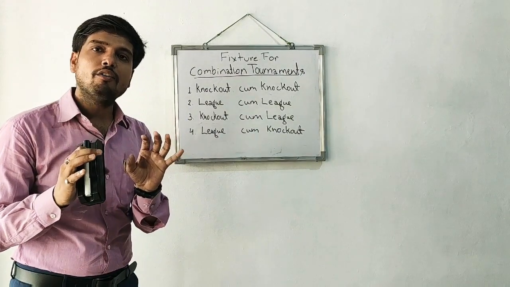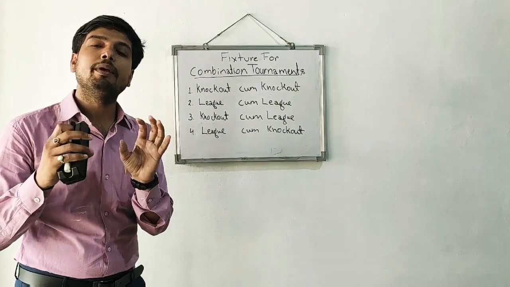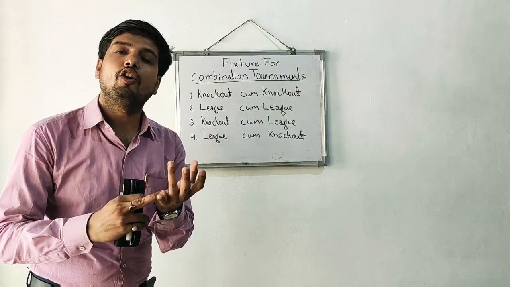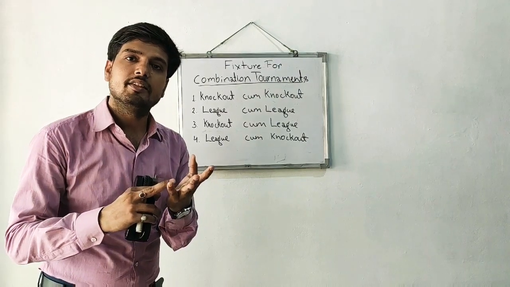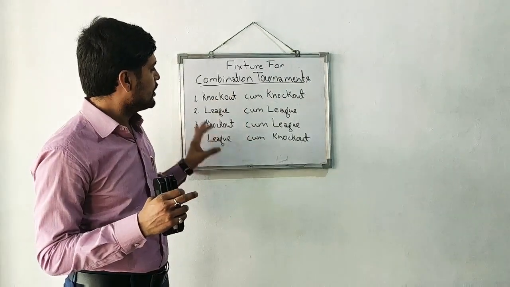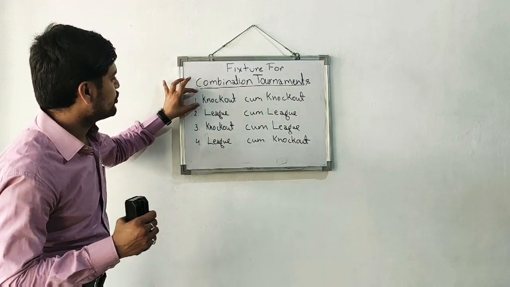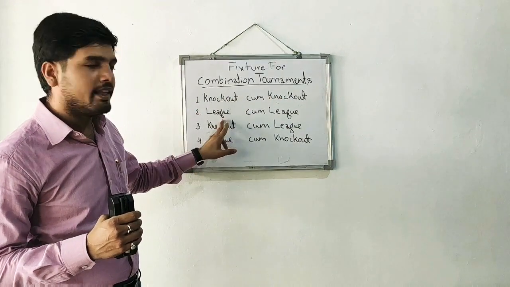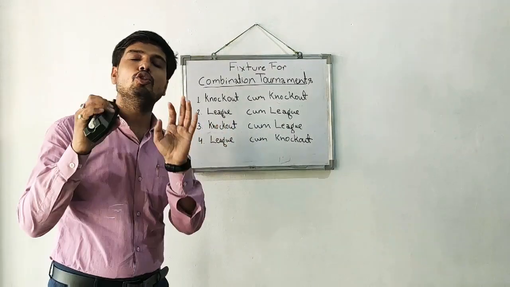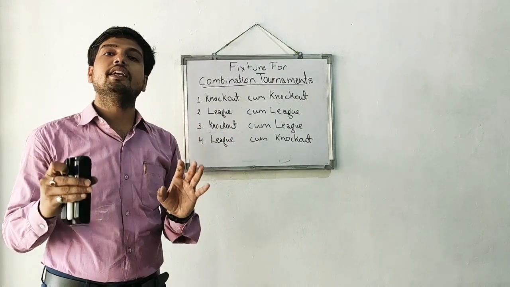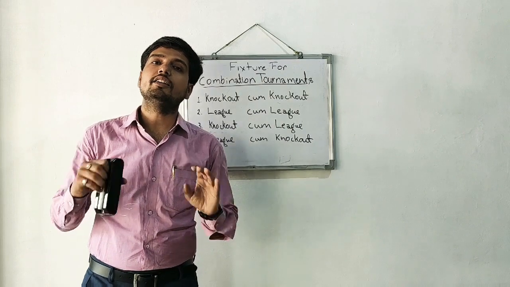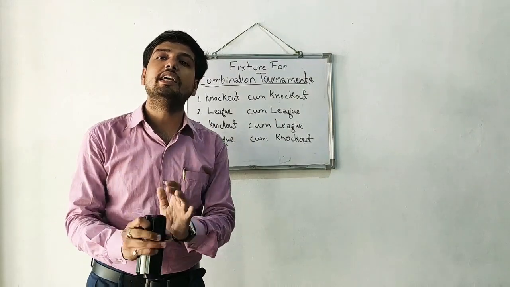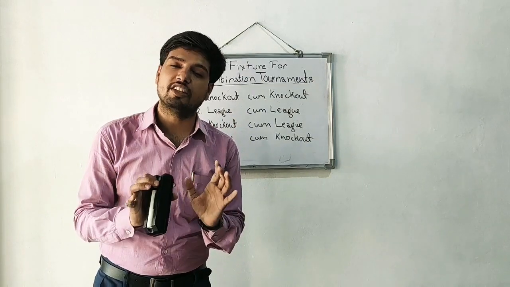There is a need of knowledge of making fixtures for knockout and league, because here there is use of only two methods, either knockout or league. So if you know the process of making knockout and league fixtures, then very easily you are able to make a combination tournament fixture.